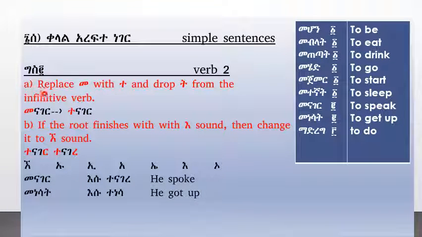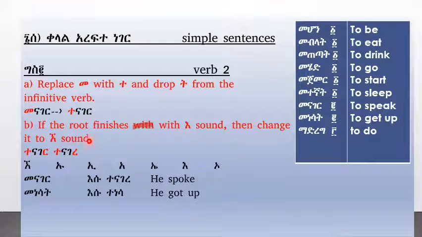The first rule: replace መ with ተ. It is easy. If it is መናገር, it will be ተናገር. Okay, ተናገር. And if the root finishes with the sixth vowel, then change it. The root verb doesn't like the sixth letter, the sixth sound, the sixth vowel.